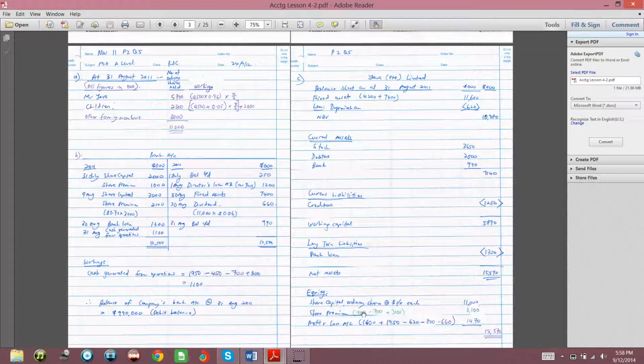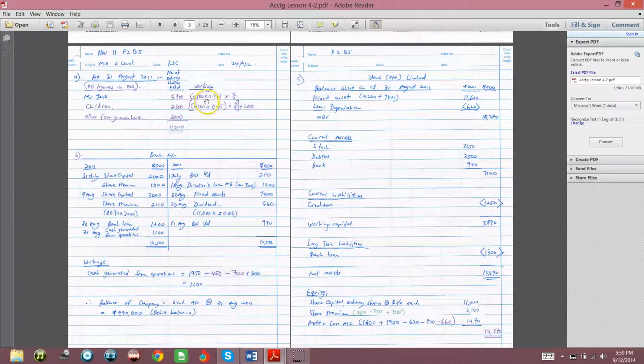Additional information number one is not relevant. Additional information number two: the company made a 1-for-3 bonus share issue using appropriate reserves. So the number of shares at the beginning of the period is 4.5 million.